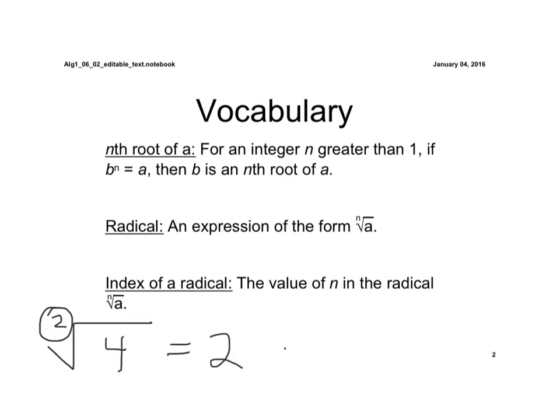You also may remember, like the square root of 25 would equal the whole number 5. And that's what you worked with. Well, this year we're going to do higher roots than just the square root.